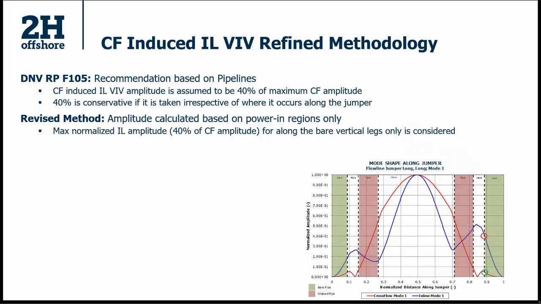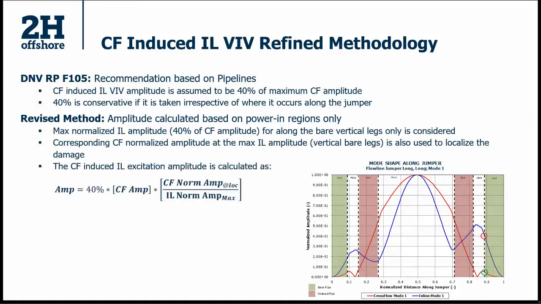In a cross-flow mode of vibration, the peak amplitude can occur in the belly of the jumper, whereas in your in-plane vibration, it may occur on the vertical legs of the jumper. Since in our case it was the vertical legs of the jumper which were vibrating for the in-plane current direction, we had to choose our amplitudes based on the vertical legs of the jumper.